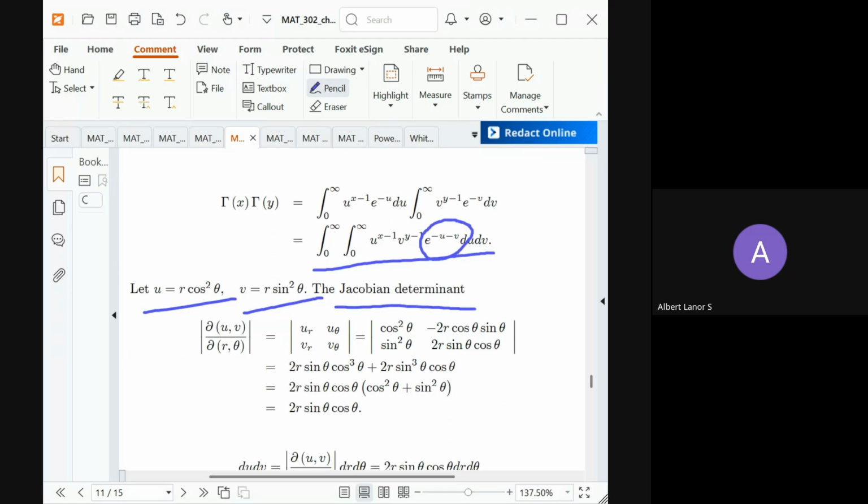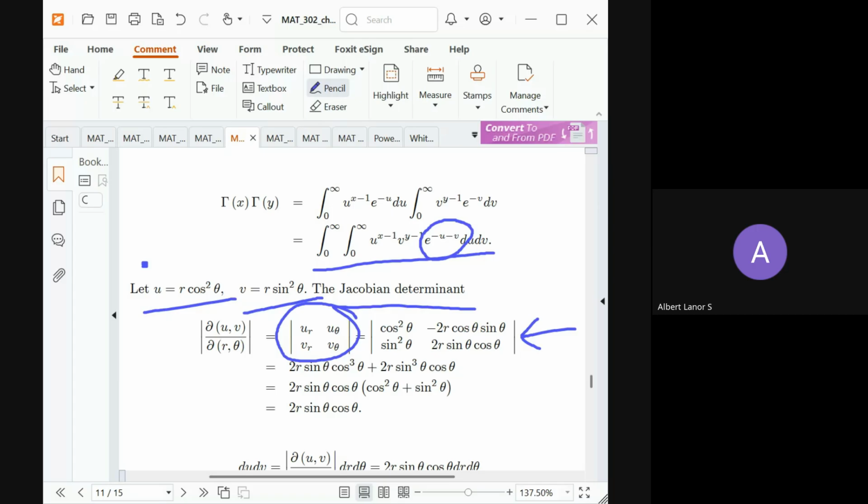Now the Jacobian means that we differentiate u with respect to r and with respect to theta. Then you differentiate v with respect to r and with respect to theta. If you do, you're going to obtain this matrix. Then you find the determinant of it.